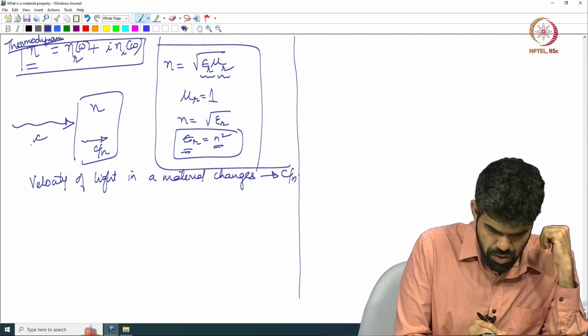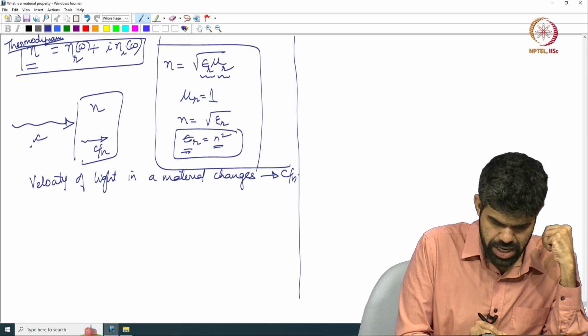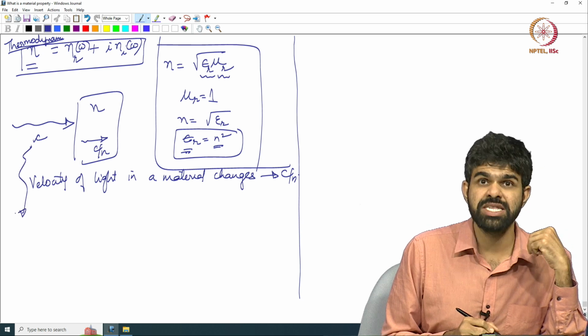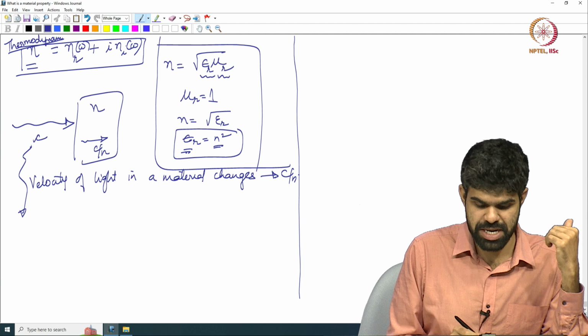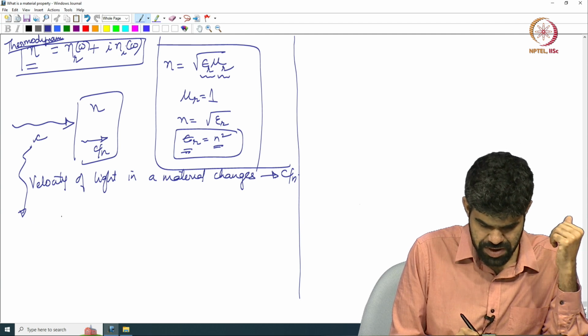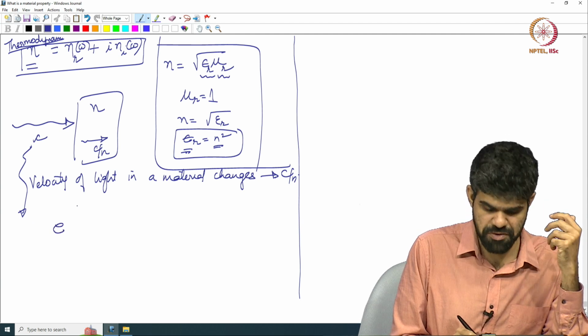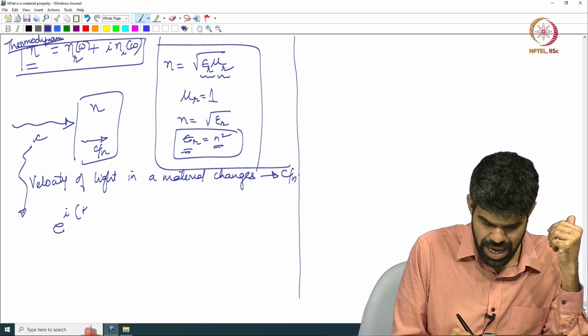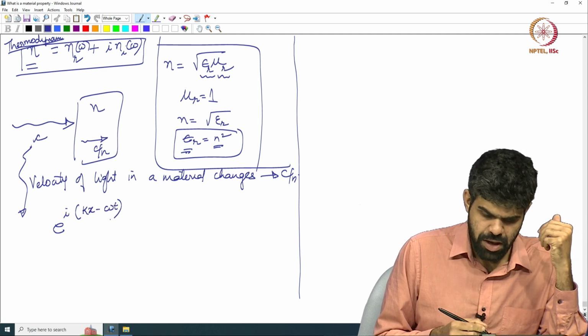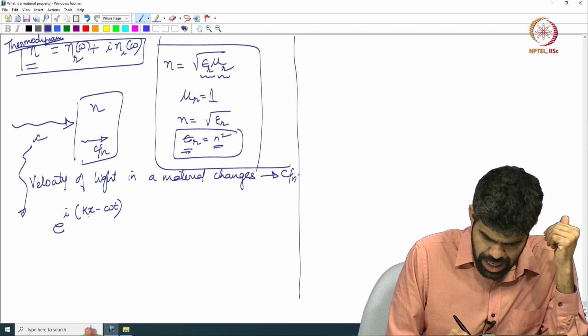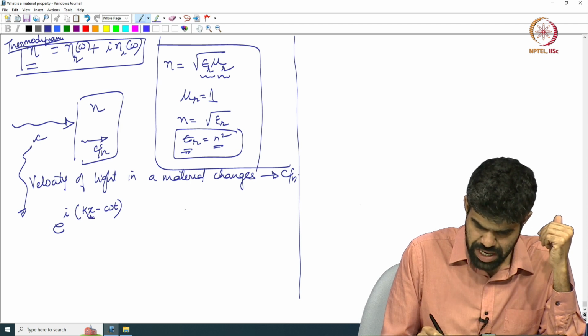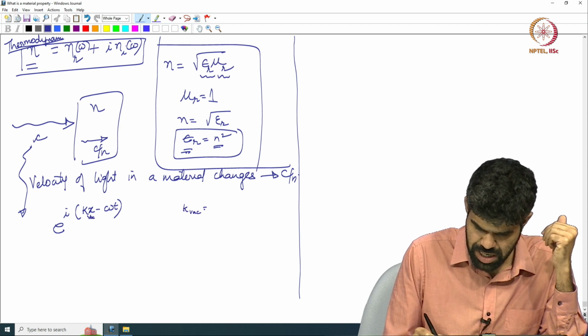Now, let's look at this problem. The incident wave in my material is given as, so this is a solution for a wave, e to the power i k x minus omega t, where k, or k vacuum, is equal to 2 pi by lambda in vacuum.